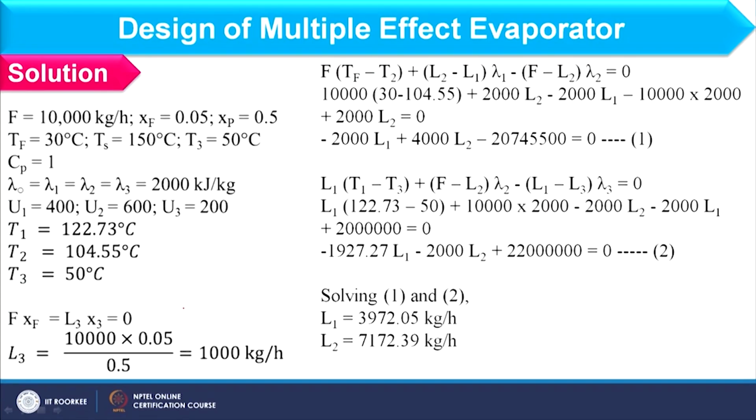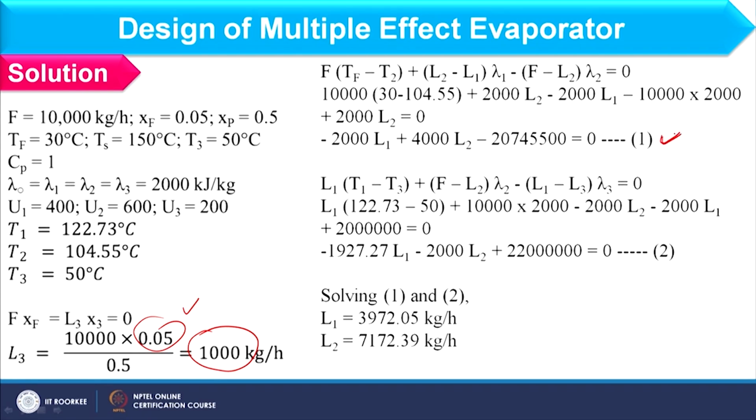As product is exiting from the last effect, you can find L3 as 10,000 into 0.05 divided by 0.5, because 5% to 50% is the total concentration of feed considered in this example. Further we will focus on the L1 and L2 calculation, as we discussed in the previous example.